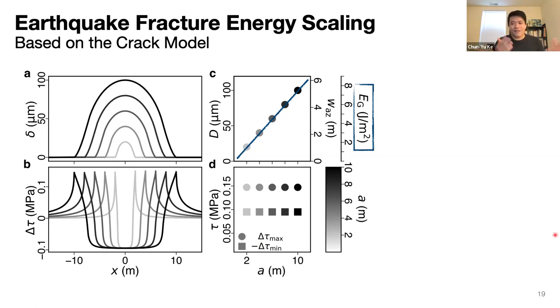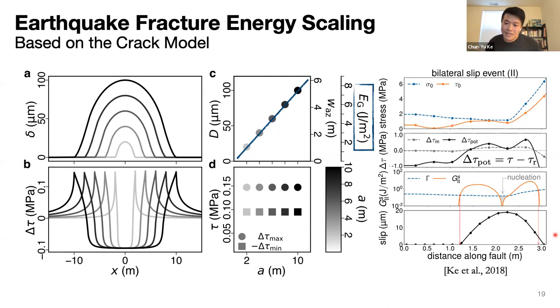So looking at these conflicting evidence, we suggest that the earthquake arrest zone is actually reflecting the heterogeneous initial stress distribution, which has not been brought up in this context before. And the size of the arrest zone depends on how far the rupture propagates into unfavored stress condition. In other words, it's not the increased fracture energy that stopped the rupture. It's the unfavored stress condition that stopped the rupture.